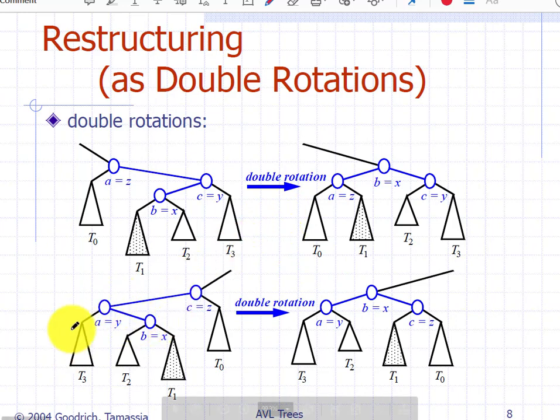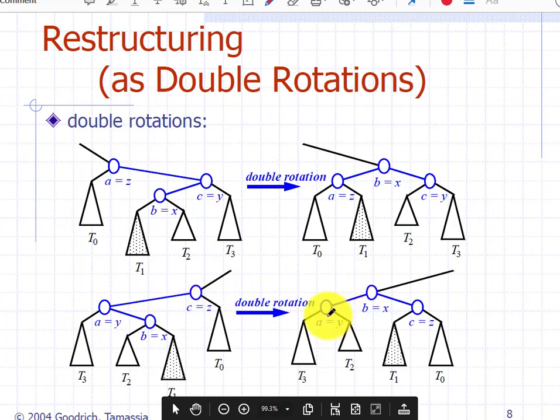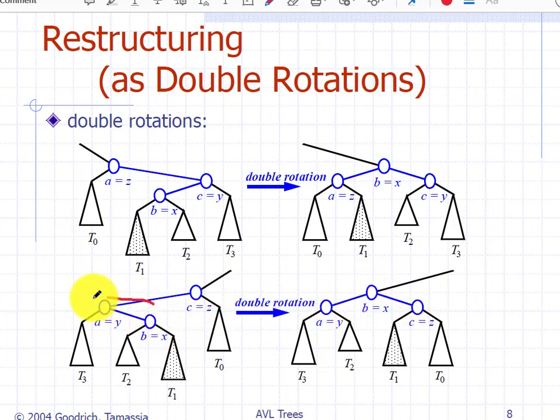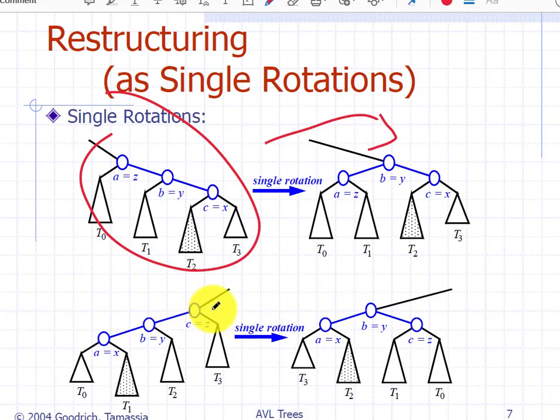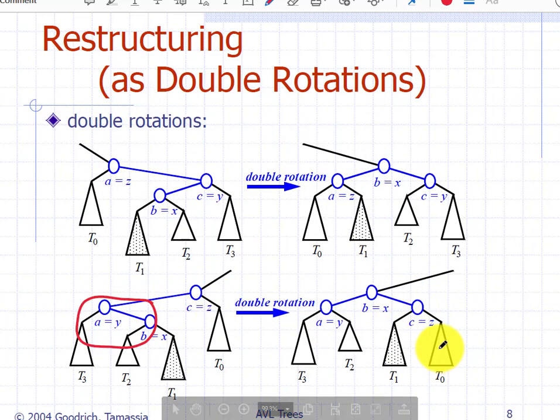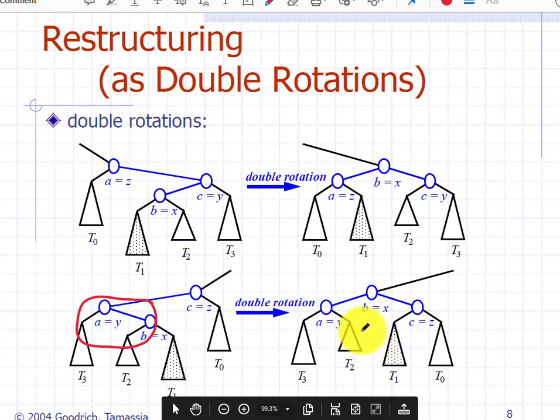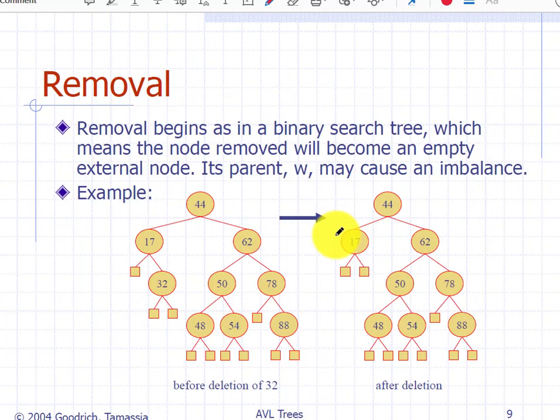Here you twirl around A and B again, and then just pull up B, and here you go. So in other words, when you twirl around A and B, just moving it across, you end up here. And when you're here, it's very easy to get here. So that's why they call this a double rotation. Those are the only 4 rotations you need to worry about. As long as you can remember that, you'll be fine.